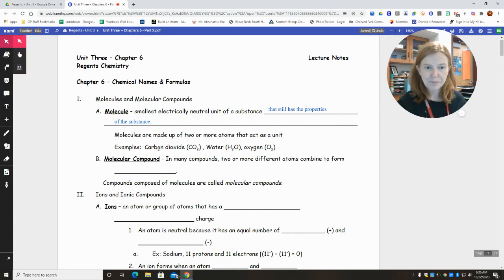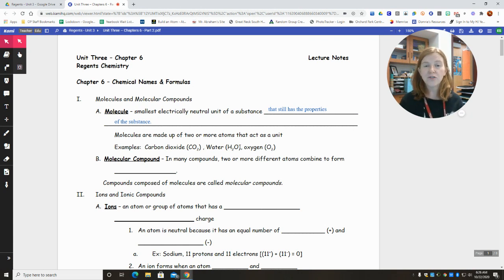We have some examples here. Carbon dioxide, CO2, is made up of one carbon and two oxygen, right? So 3 atoms. So this is a molecule. It is also a compound because it's made up of carbon and oxygen, which are different types of atoms, okay? Same thing with water. Water is H2O.